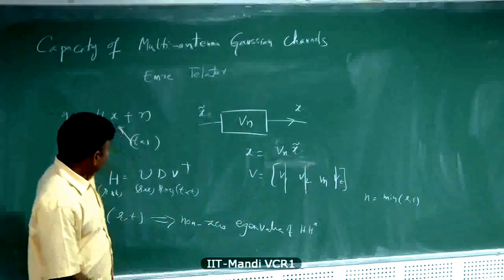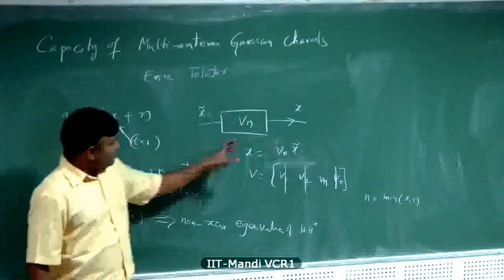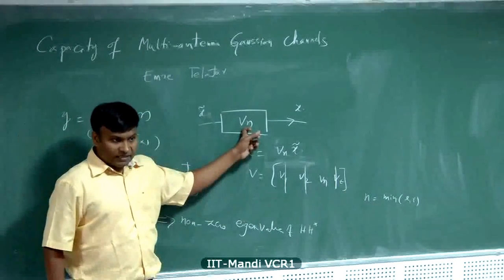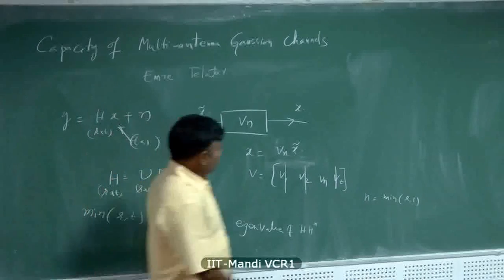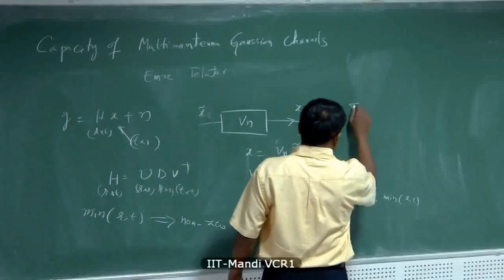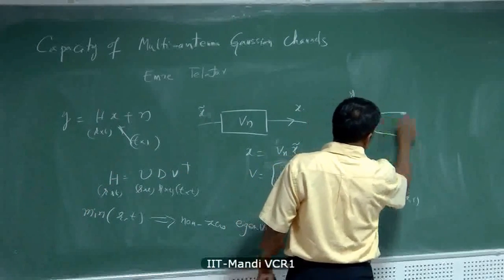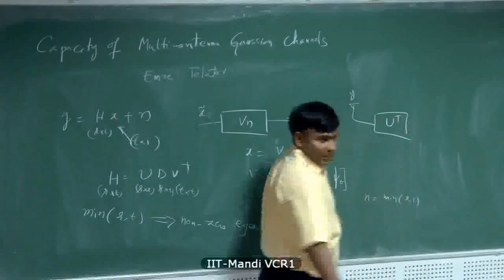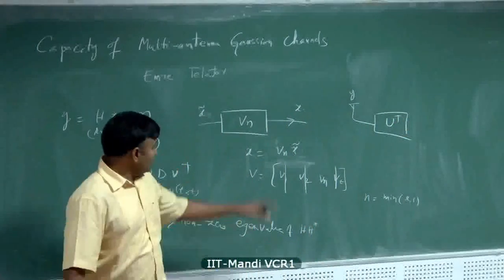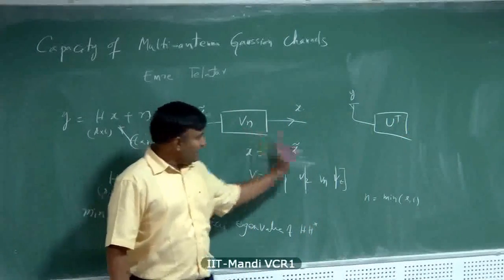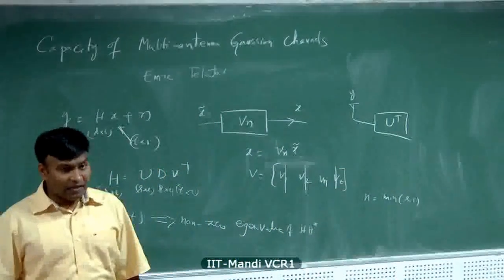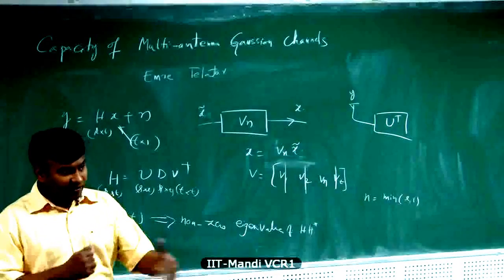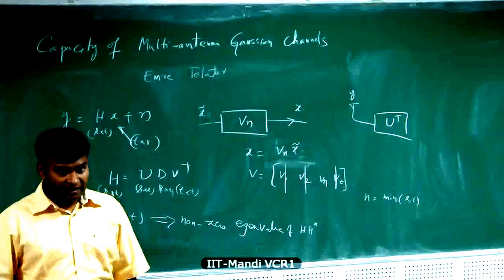So essentially, this transmit beamforming, putting this Vn here, and using a receiver with U Hermitian, the combination of Vn at the transmitter and U Hermitian at the receiver simply diagonalizes the channel and converts a matrix channel into a series of parallel scalar channels.